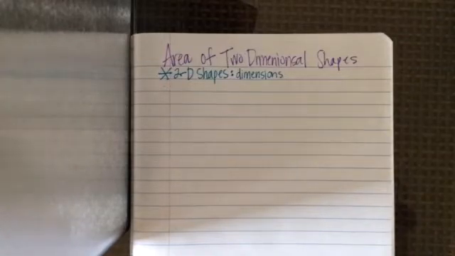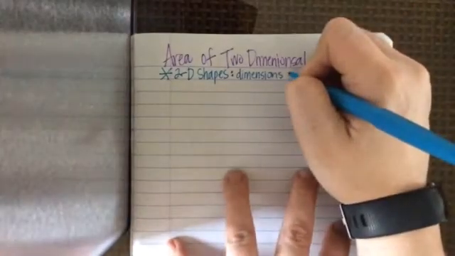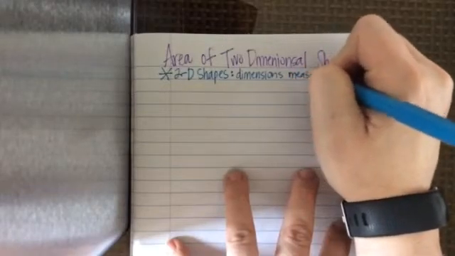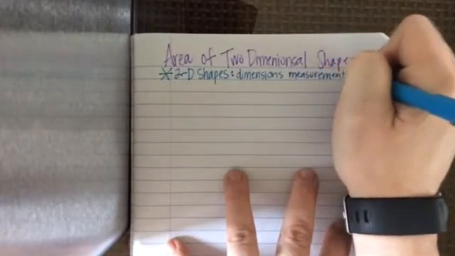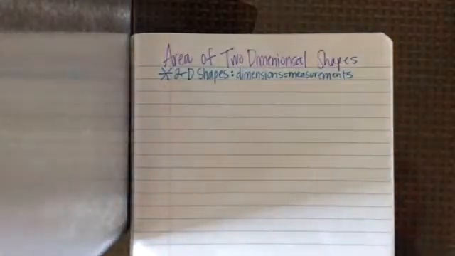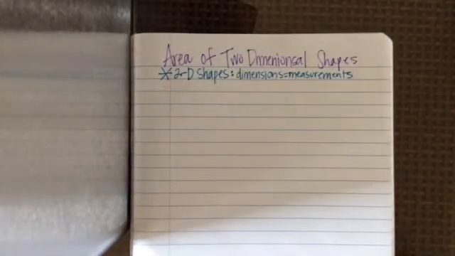It tells you how tall it is, or how wide it is, or how long it is, right? Dimensions are measurements. So two-dimensional shapes have 2 measurements.